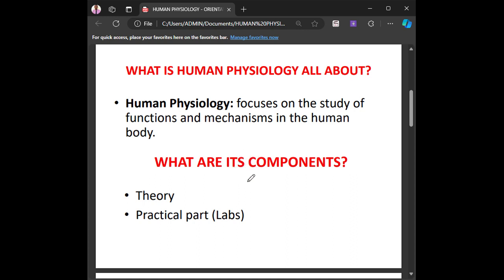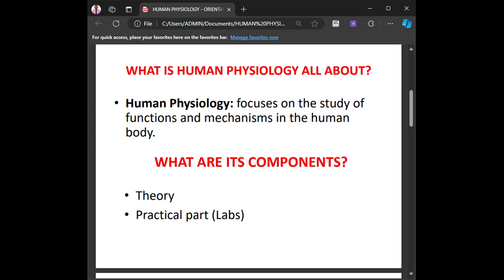Now, what are the components of human physiology? This course comprises two aspects. There is the theory part, which involves you writing assessments and learning in class, where a lecturer is lecturing and you are learning the theory without doing anything.